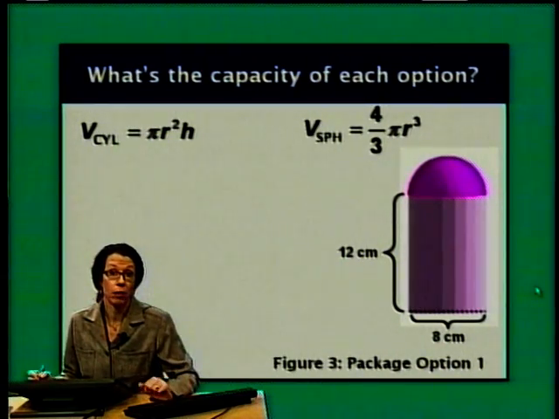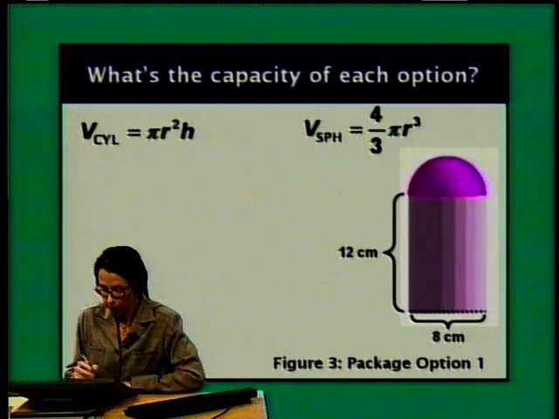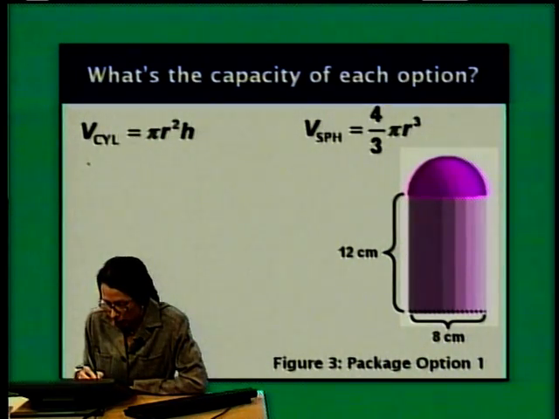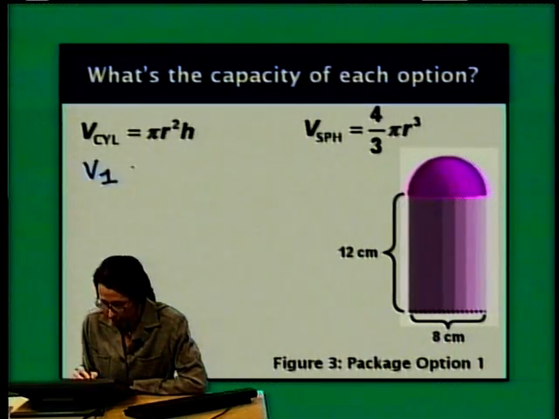So let's calculate the capacity of this first package option. I need to calculate the volume, so I'm going to call this the volume of the first option, with a subscript of 1. I'm going to calculate the volume of the cylinder.